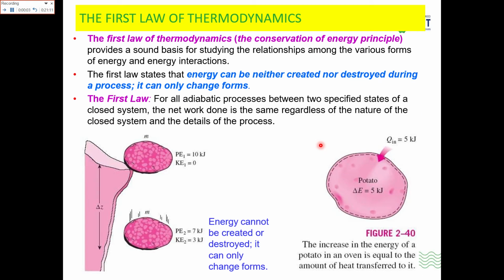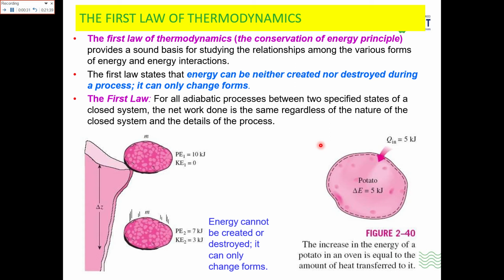Now the first law of thermodynamics. As we have studied in the previous lectures also, it is basically the conservation of energy principle, and it provides a sound basis for studying the relationship among the various forms of energy and the energy interactions. The first law states that energy can neither be created nor destroyed during a process, it can only change form.